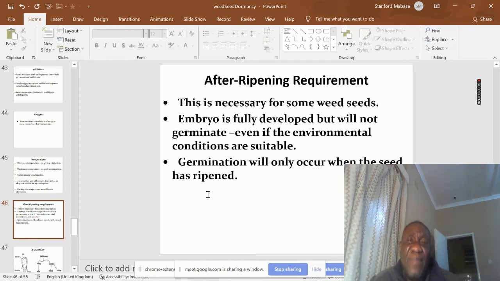Now, after-ripening requirement, we talked about it. This is necessary for some weed seeds. The embryo is fully developed but will not germinate even if the environmental conditions are suitable.